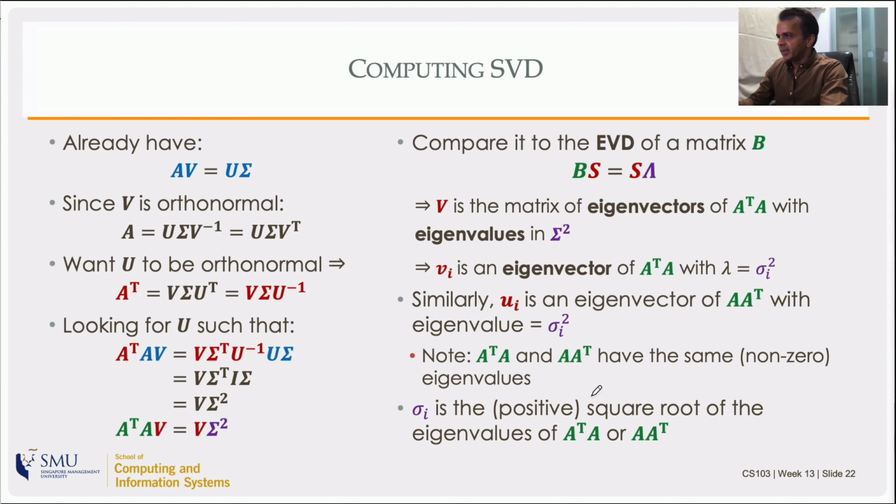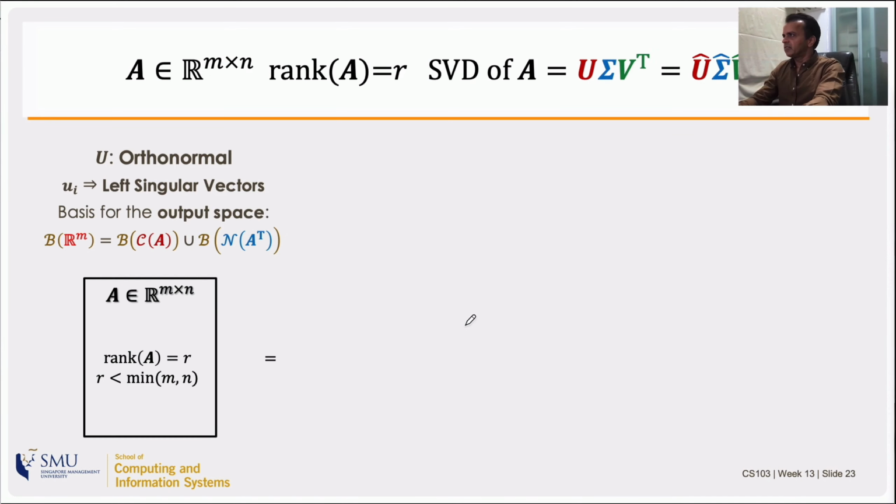Now we found sigma i square as the eigenvalues of A transpose A, the gram matrix, and we're going to take the positive square root as the values in sigma. Sigma is the positive square root of the eigenvalues of A transpose A or A A transpose because they are the same. So what we have is a matrix that is m by n, a general matrix. It doesn't have full rank, so rank r is less than m or n.